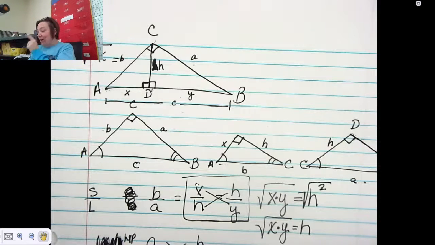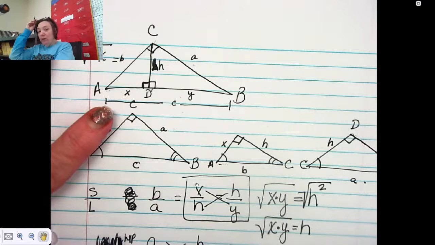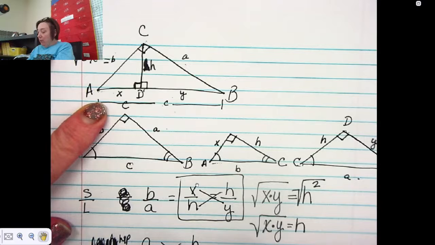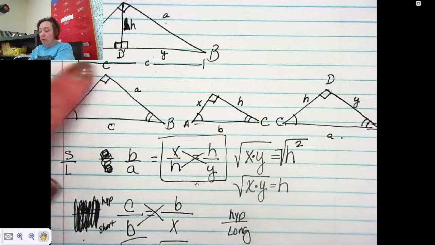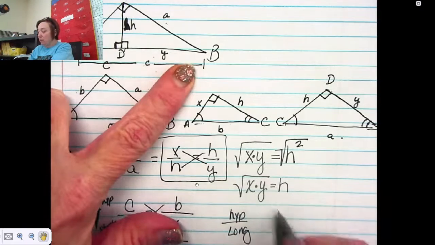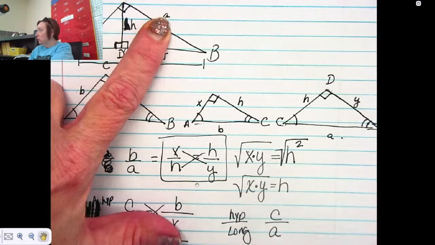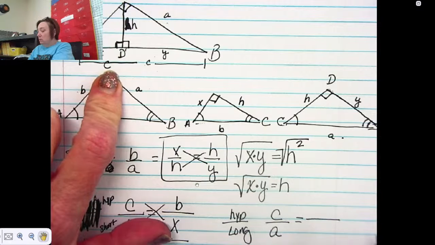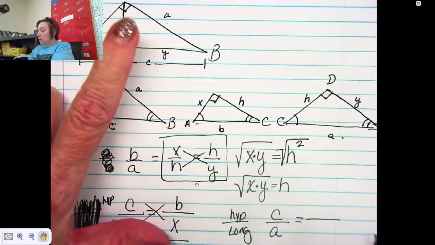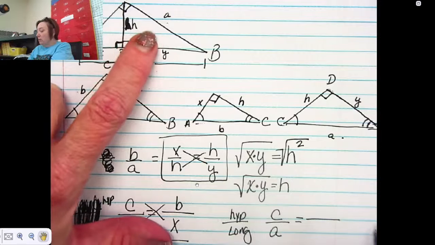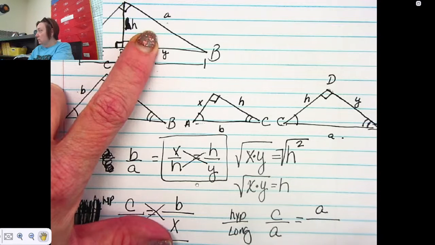I'm going to show it to you, but yes, you're right. So let's say we do the hypotenuse over the long leg. Okay? So the hypotenuse of the big one is C, and the long leg of the big one is A. Right? And that has to equal the hypotenuse of the medium one, right?